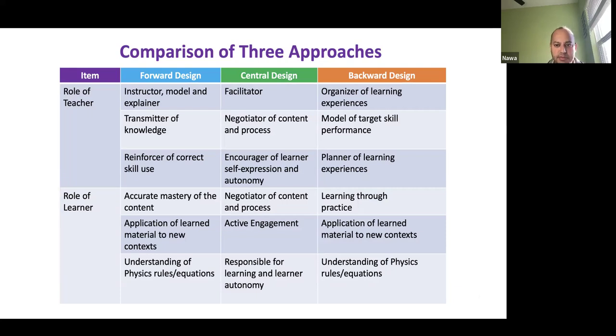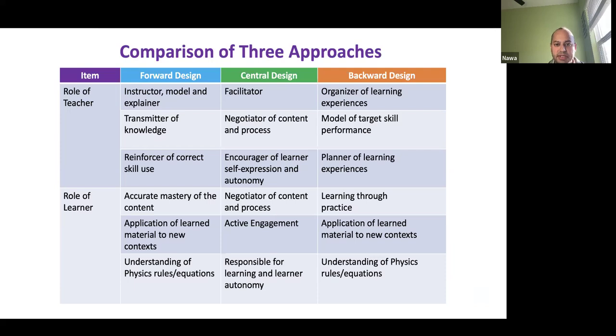And he's the model of the target performance skills too, because he should be really familiar with the theory and the practice and the knowledge of the subject matter as a whole. So he acts as the model for that, and he also plans for those learning experiences, so which one to do first, or how to sequence those.